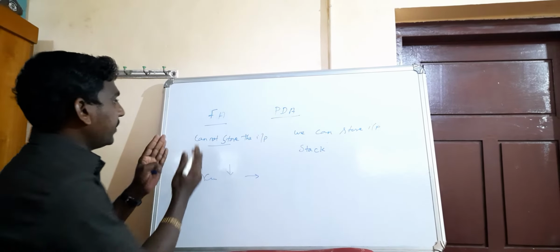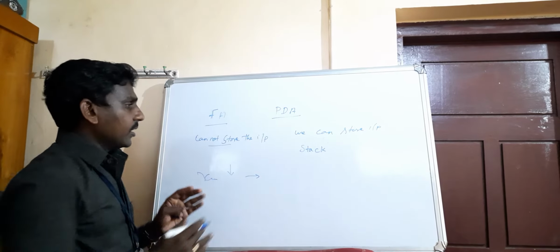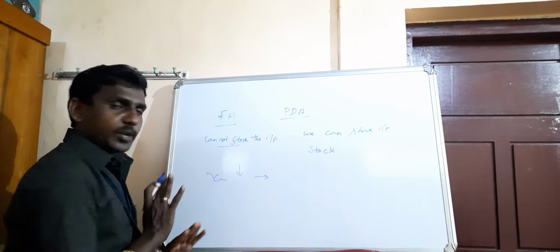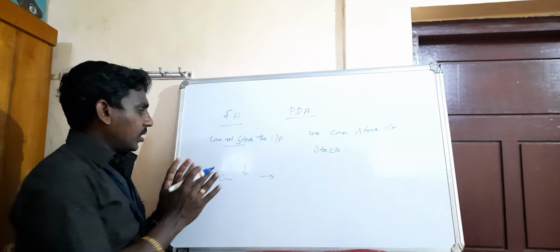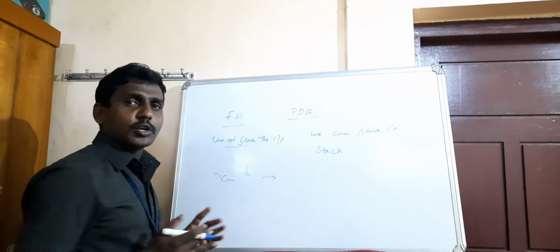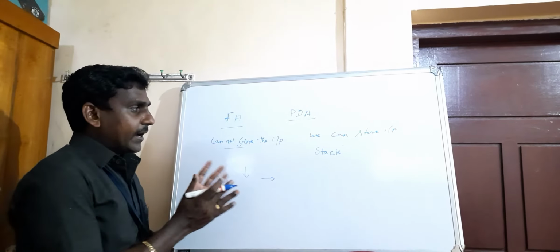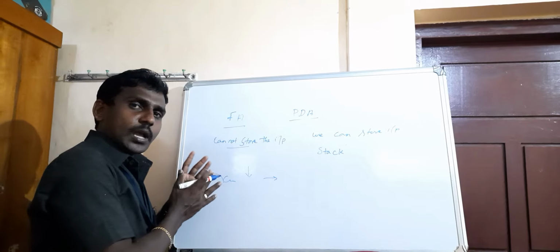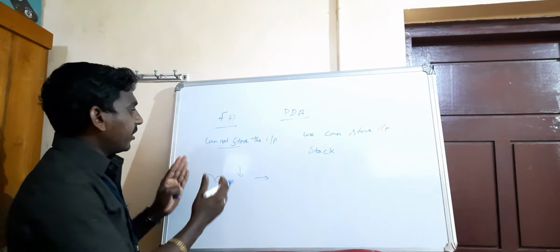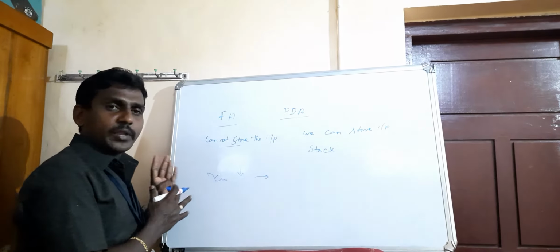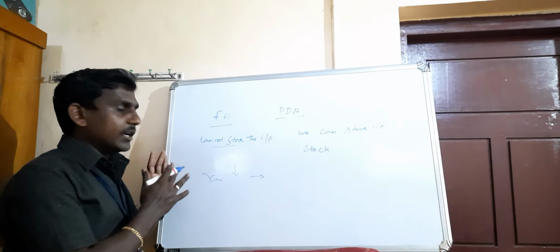Okay, so the difference between finite automata and PDA is, in PDA we are going to use stack, but in finite automata there is no stack. So why we are using stack is in order to store the input. What is the use of storing the input is, it can remember the previous input or next input. But in finite automata there is no stack, so it doesn't know the previous input or the already stored input.